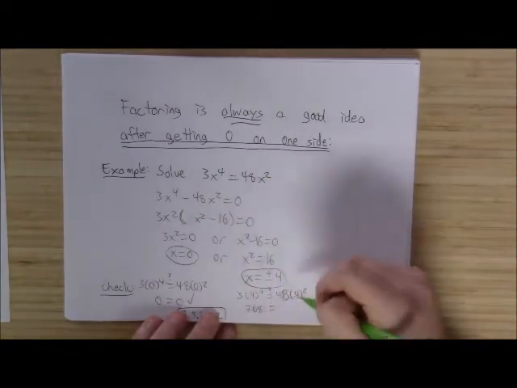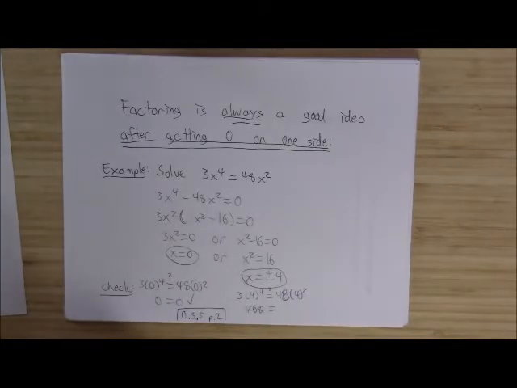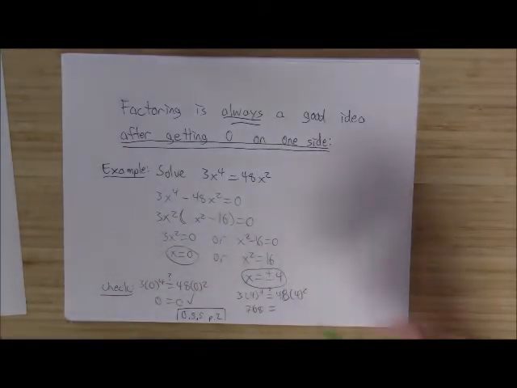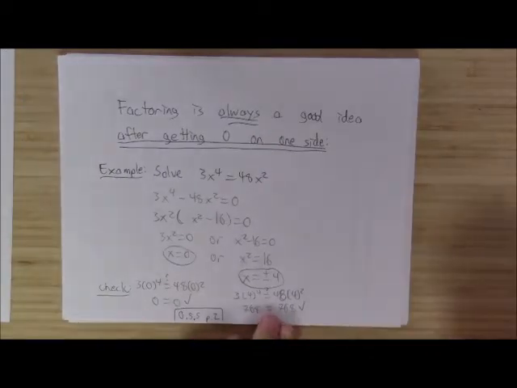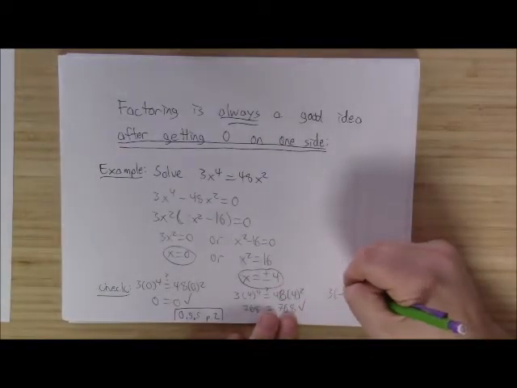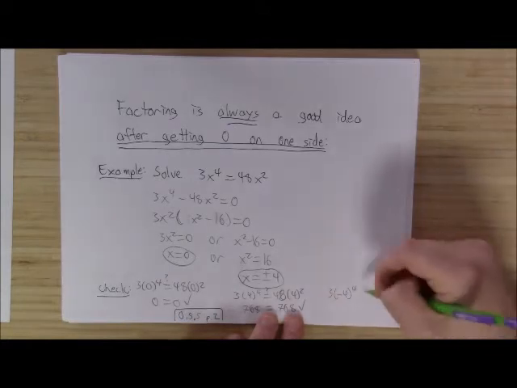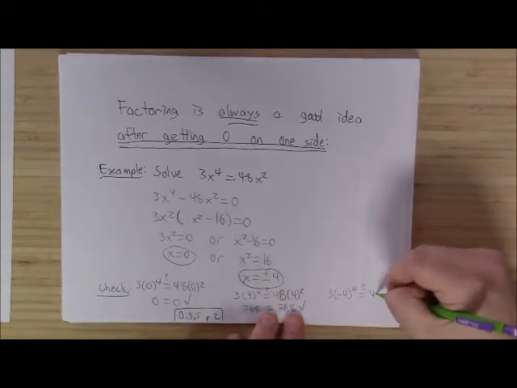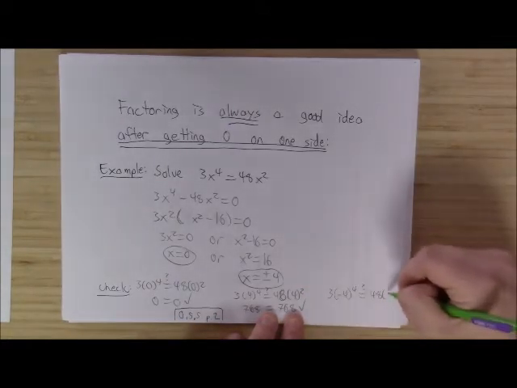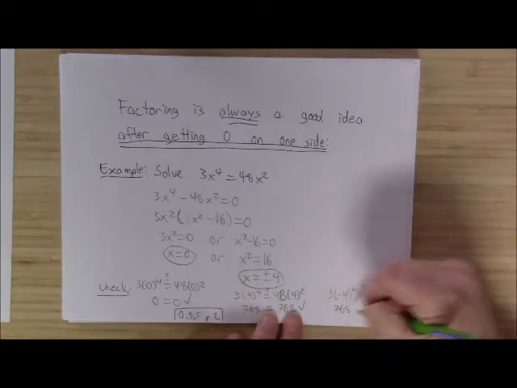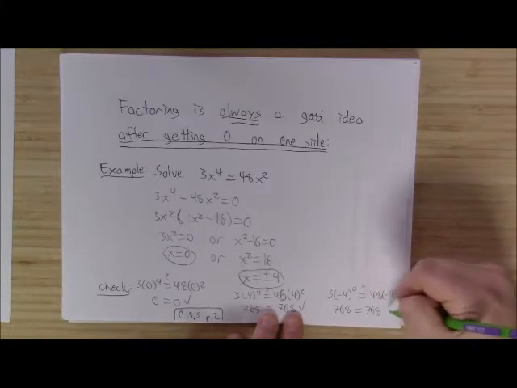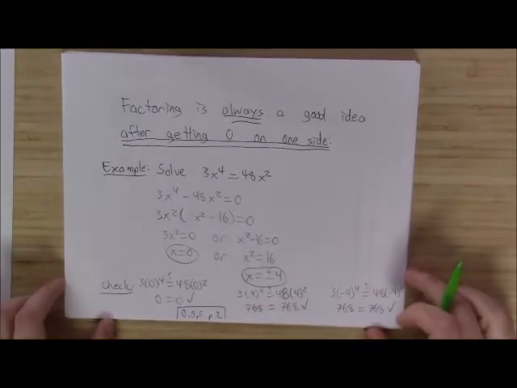Over here, we would have 48 times 16, which is also 768, so that works as well. Negative 4 will be similar because the 4th power will make it positive, and the second power on this side will make it positive. So you actually end up with 768 equals 768 once again. So all 3 of those are solutions.